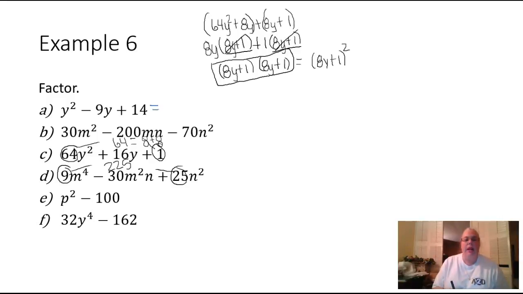All right. So now I need to multiply to 225 and add together and get negative 30. I believe this is going to be negative 15 and negative 15.